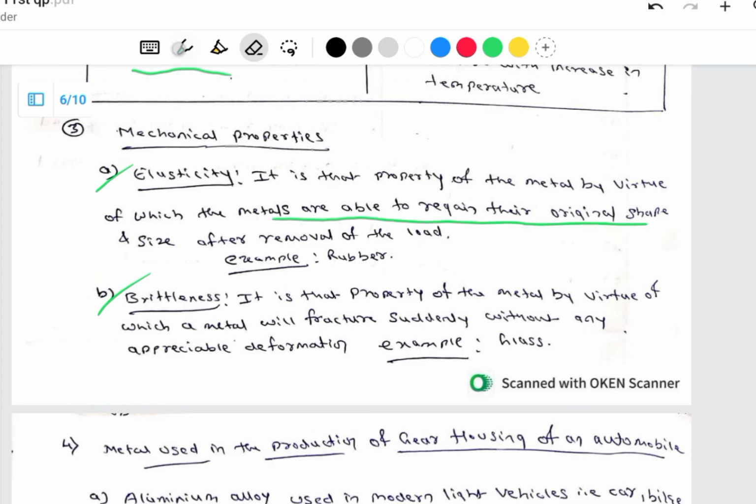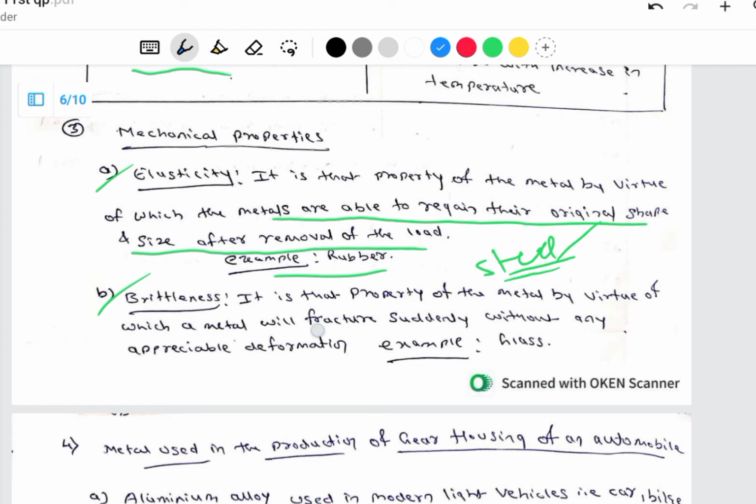There are different types of materials, like steel and rubber. If you compare rubber and steel, which one regains its original shape quickly? Steel is more elastic than rubber, because rubber will not regain its shape immediately, but steel will. Okay, remember this one.